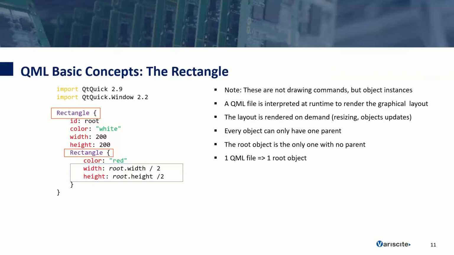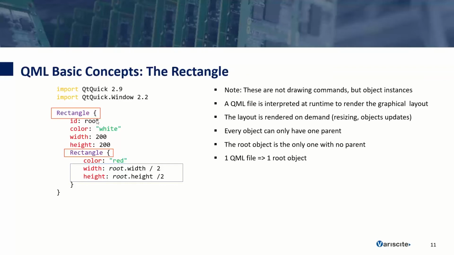Keep in mind that every object always has a parent, because you can encapsulate more objects one within the other. But within a single QML file, you always have only one root object. The root object is the only one, being the main one, that has no parent.